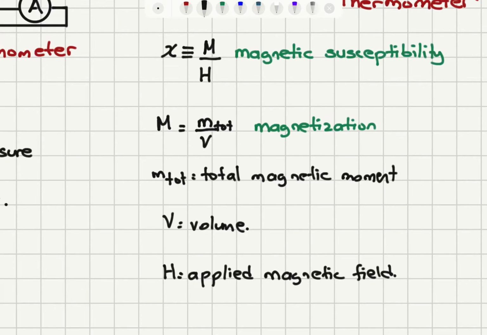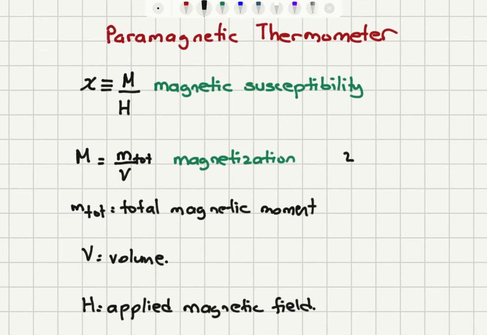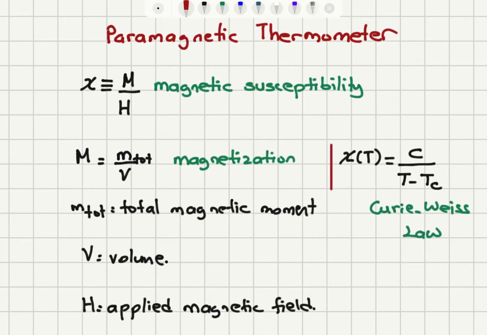Therefore, the magnetic susceptibility as a function of temperature is given by the Curie-Weiss law. It's a constant divided by T minus Tc. This is known as the Curie-Weiss law. If you study spintronics, for example, you will learn that this is the variation of magnetic susceptibility with temperature.